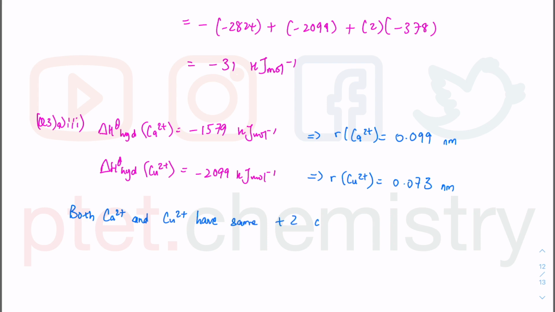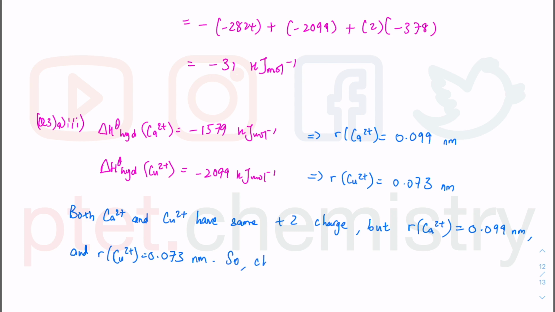We're going to be talking about charge density, so we need to relate to the fact that they both have the same charge. But actually, we cannot start a sentence with but, it's just grammatically wrong. So I'm just going to continue the sentence. But the radius of calcium 2 plus is equal to 0.099 nanometer, and the radius of Cu2 plus is equal to 0.073 nanometer.